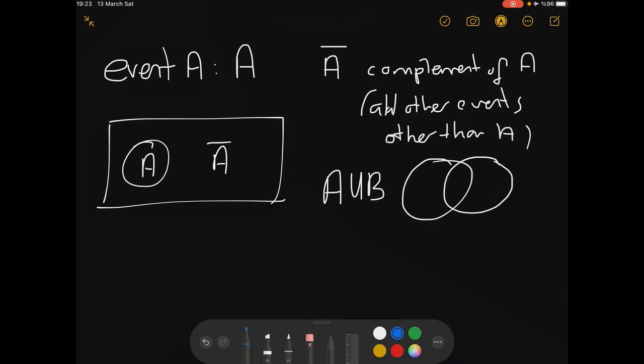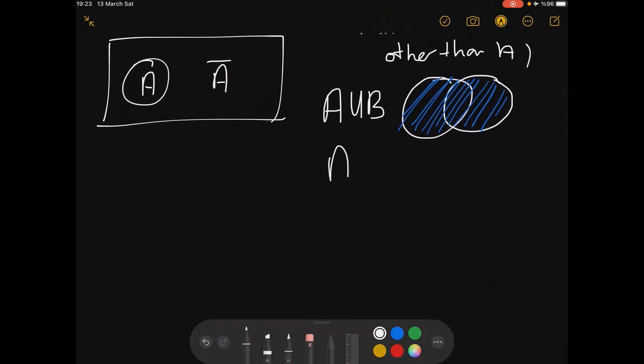Suppose that you're talking about this region here. Or if you have again A and B events, but you're talking about their occurrence at the same time, now we will be talking particularly about this part, where both of them are happening at the same time.